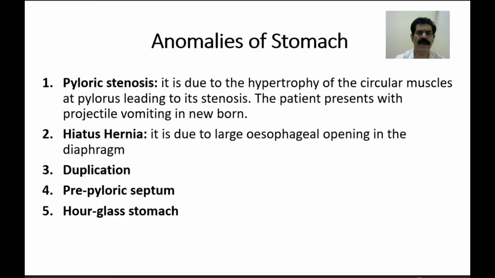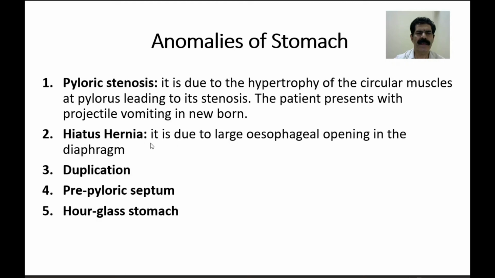Now, regarding the anomalies of the stomach, as we know, pyloric stenosis is the condition due to the hypertrophy of the inner circular muscles at the pylorus that leads to stenosis, and the patient presents with projectile vomiting in newborn babies after taking food, and no food can go beyond the pylorus, so the patient comes with distension of the stomach.